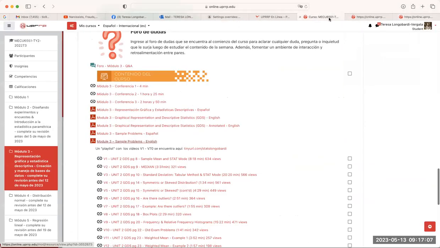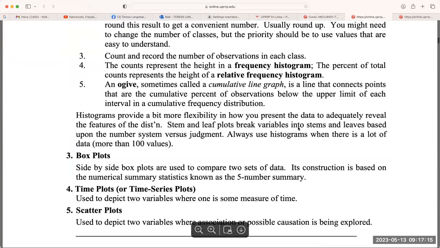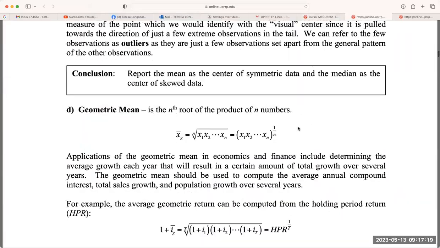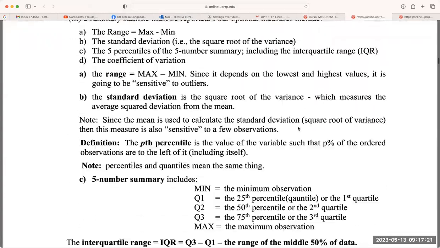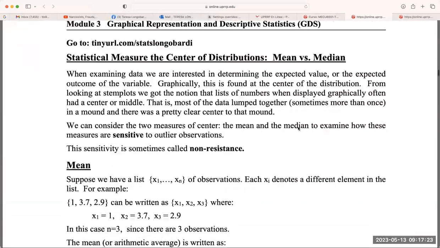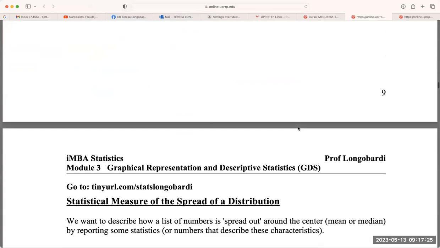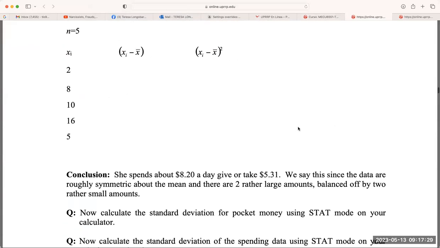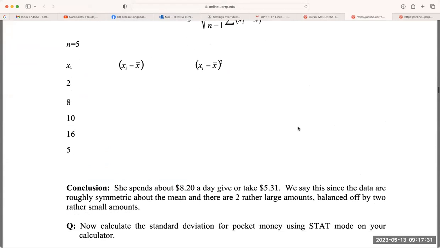So the main thing about Maris and Ruth that I wanted to emphasize is the discussion about how you analyze symmetric data. Because I did spend time with you on the skewed data. If you didn't have a chance, I'm going to emphasize, please watch all the videos, including this one on standard deviation.